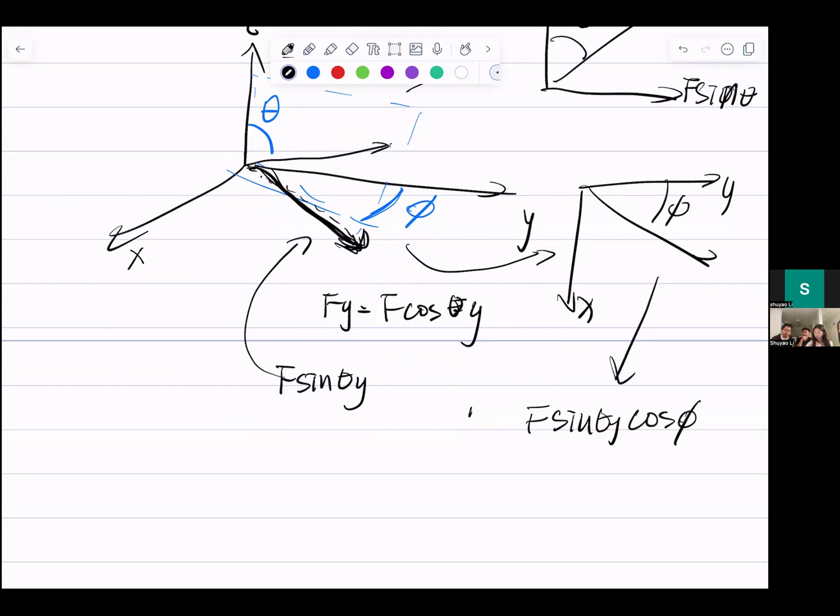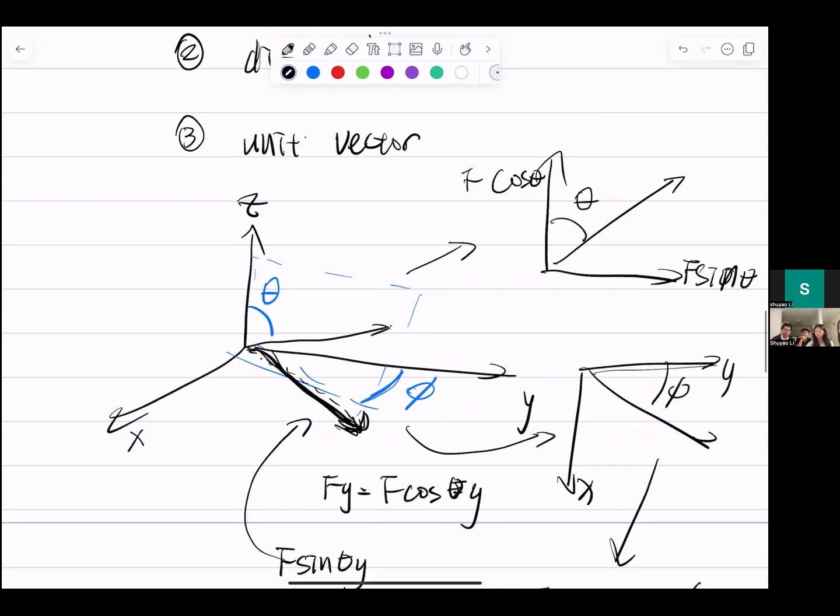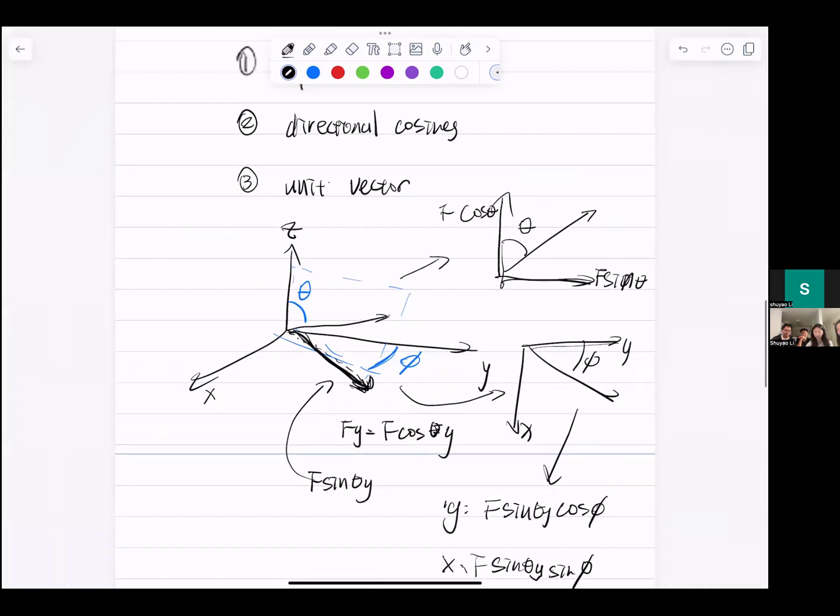Yes. And for the x direction, it would be F sine theta y and then sine phi. Yes, so that's how we solve for it. We drew two 2D graphs.